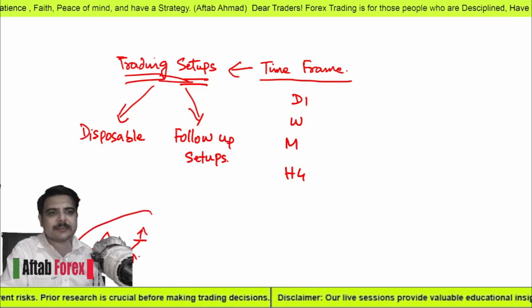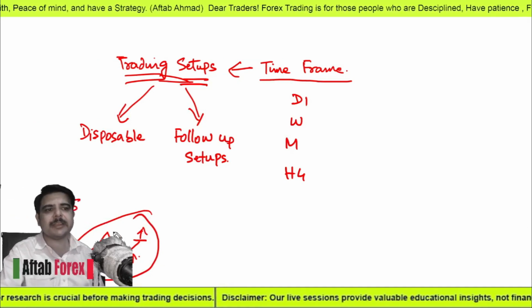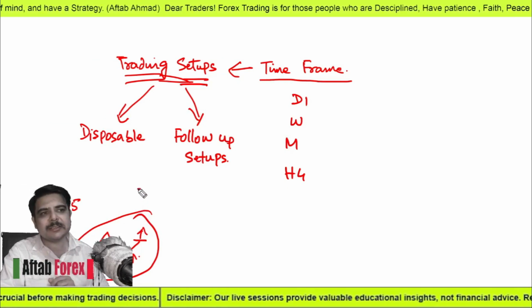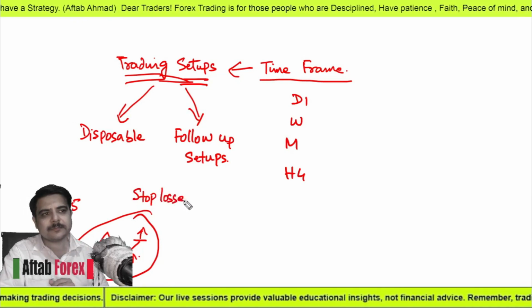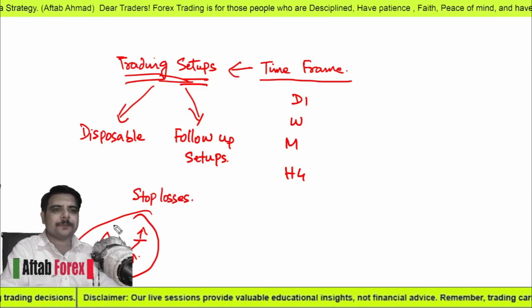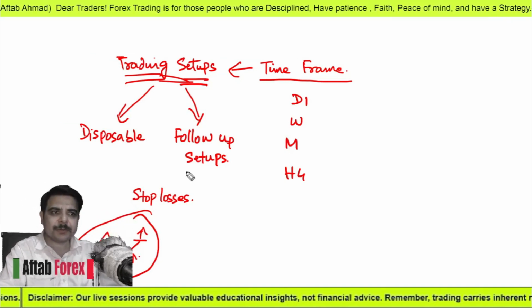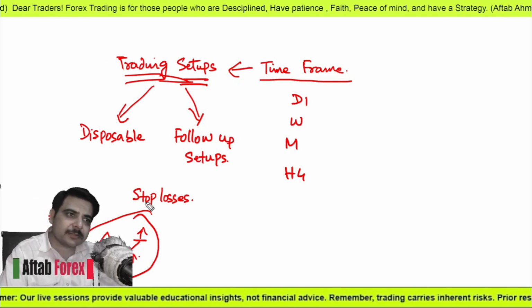So these are disposable setups on the M15, H1. And for the disposable setups, we set stop losses, like on the M15, H1, H4, any time frame it can be, even for long term as well, but it will have a stop loss.